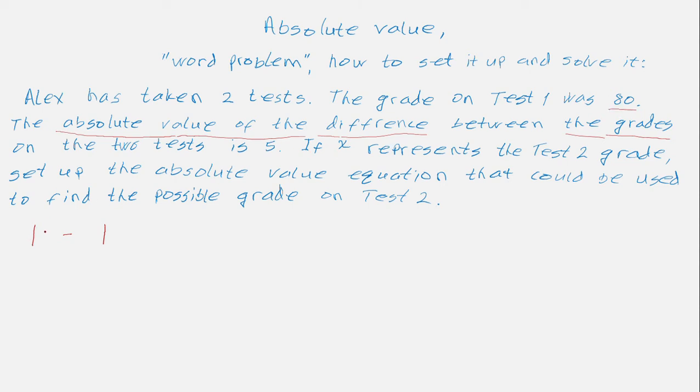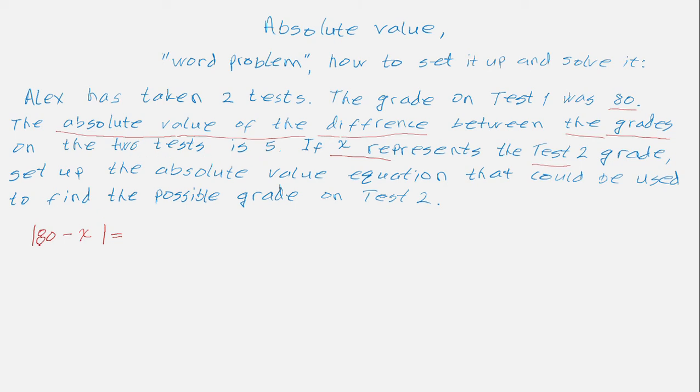So it's going to be the difference between 80 and the other test. And it says here that x represents the second test, right? So that will be the x right there. And then we see here that the difference between the 2 tests is 5.